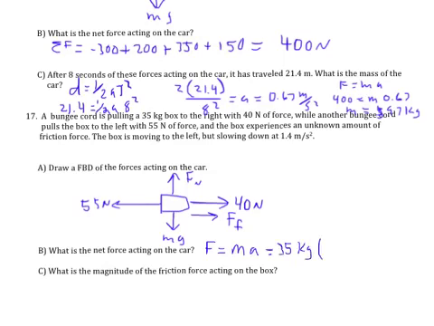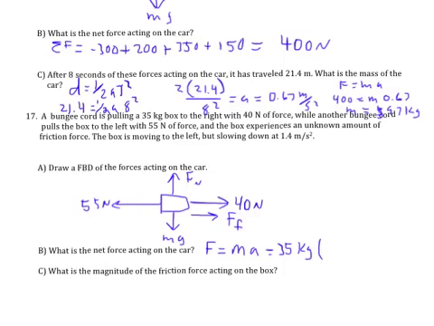times the acceleration. Now, it is moving to the left, but it's slowing down. So if it's slowing down when it's going in this direction, that means the acceleration must be going this way. So it has a positive acceleration. It's slowing down in the negative direction.